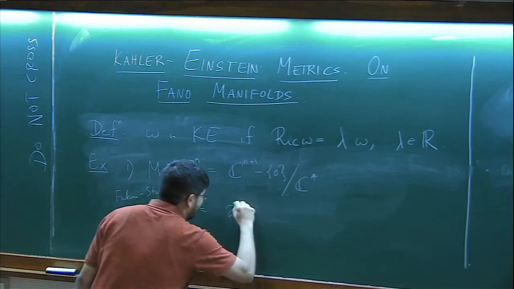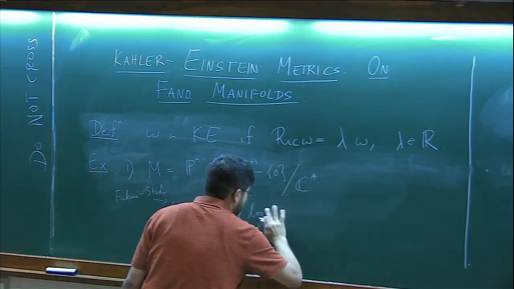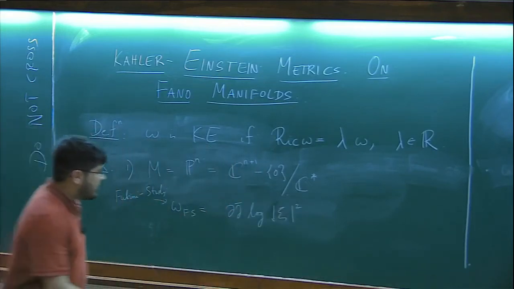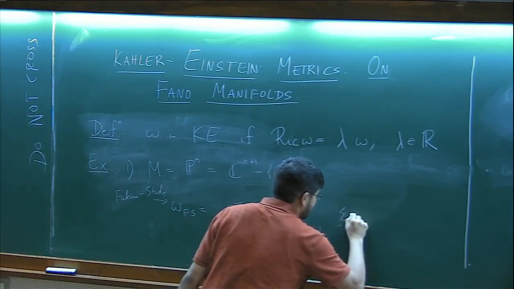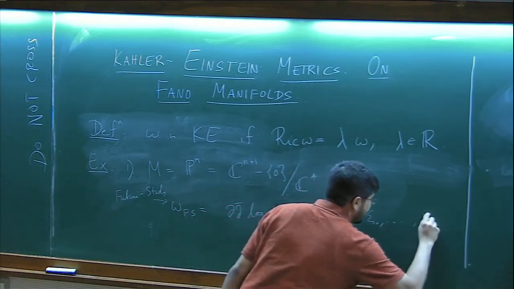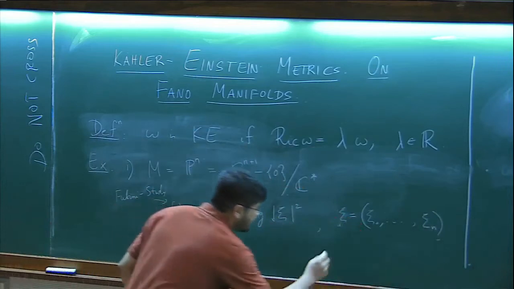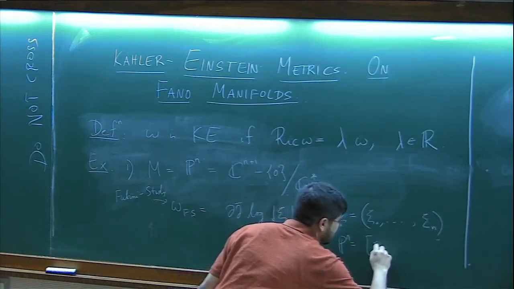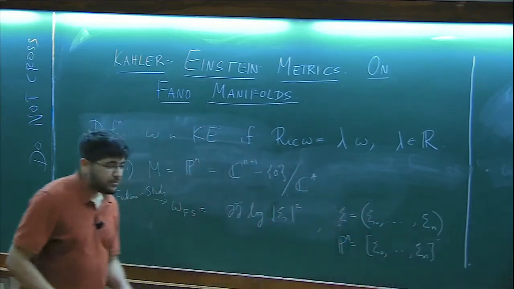So it's d bar log mod psi squared, where psi is psi naught, etc. up to psi n, and you represent points in Pn as equivalence classes of these guys. So they are so-called homogeneous coordinates on Pn, right?